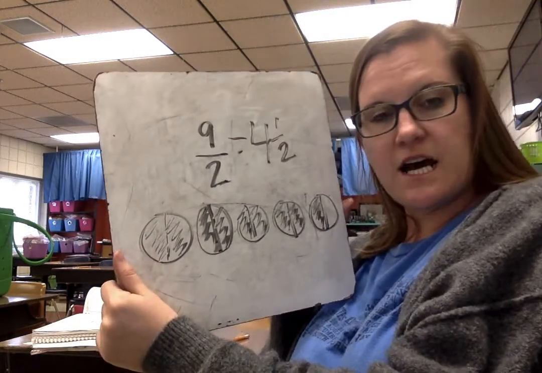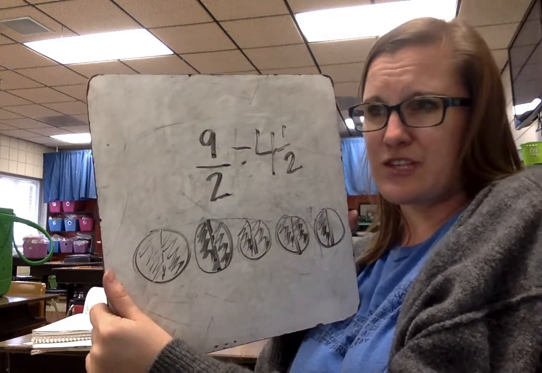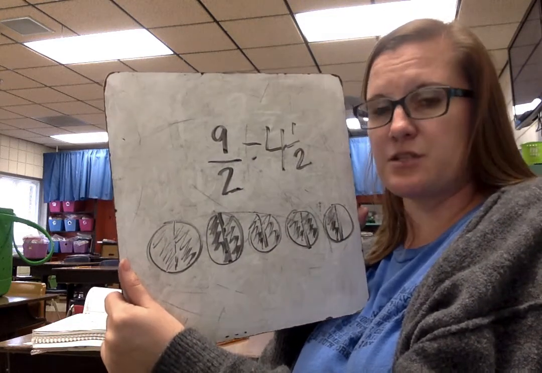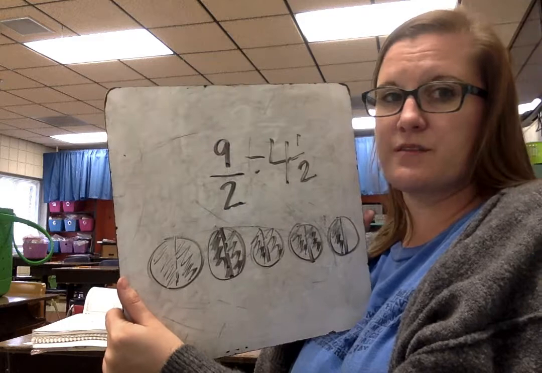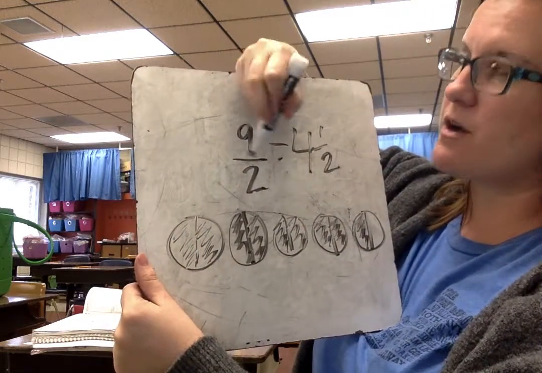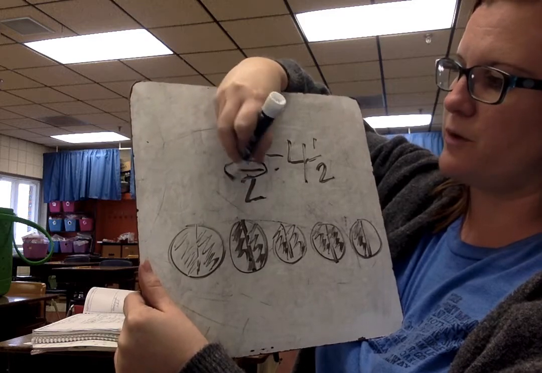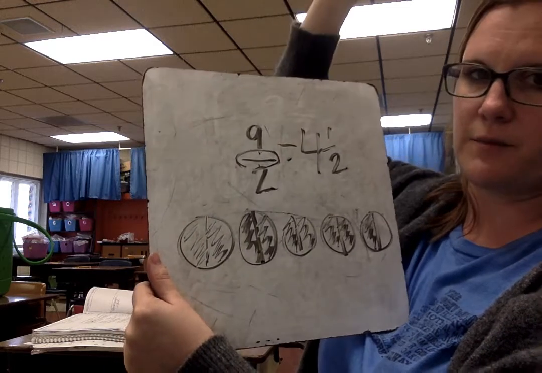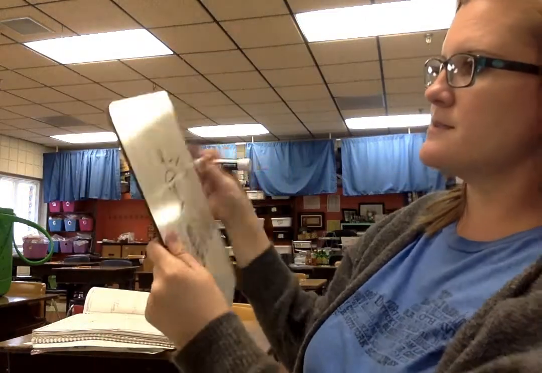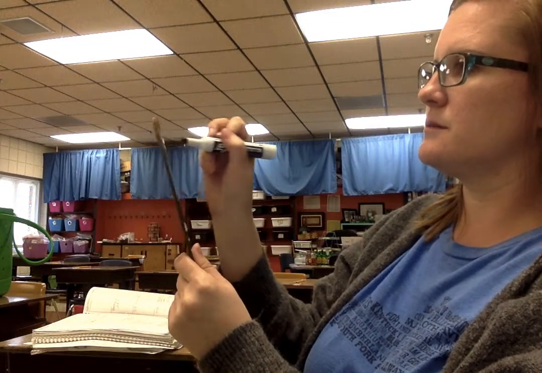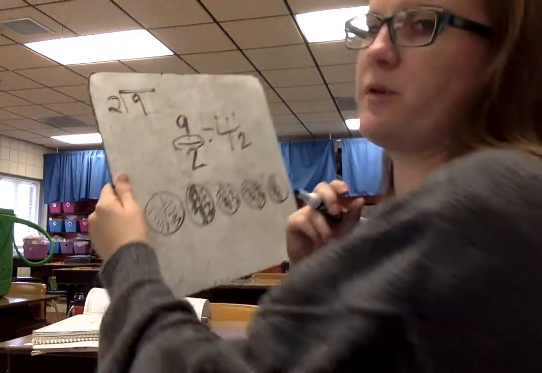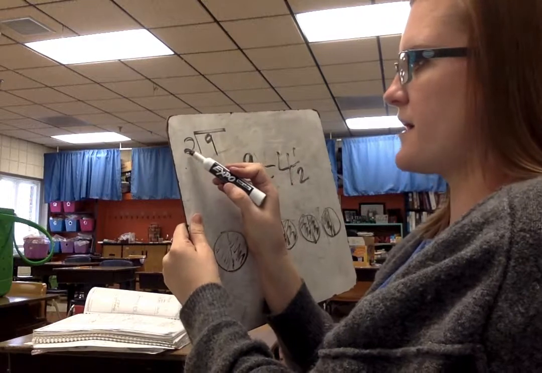If you're not into drawing it, and sometimes the drawing might take a really long time, you can also use division. When the bigger number's on top, it's like a division symbol here. You're saying you're dividing 9 divided by 2. Let's divide 2 into 9.